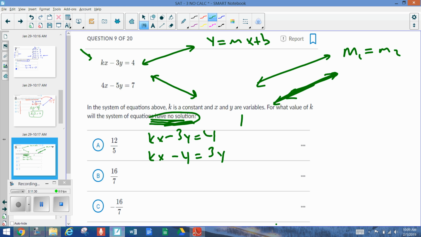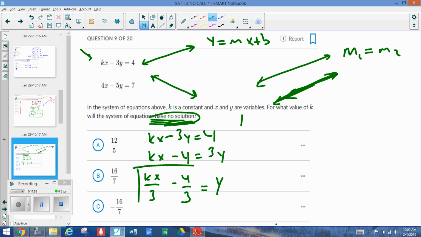I skip steps. When you look at that, you will be able to understand. First, we add 3y to both hand sides and then subtract 4 from both hand sides. Then y is supposed to be isolated. So what is y here? Kx over 3 minus 4 over 3.